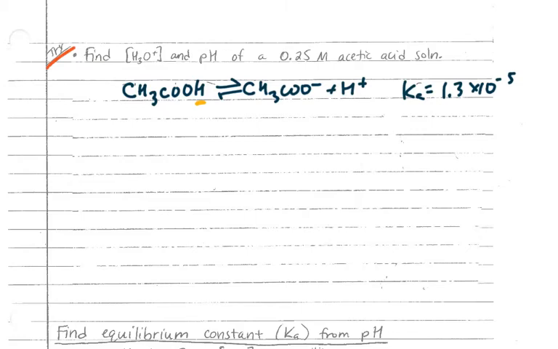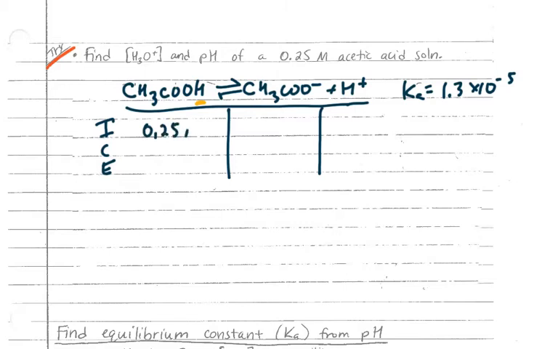And now I can do my ICE box. So we start with 0.25 molar of the acetic acid. It's going to go down by some amount. Each of these will go up by some amount. So at equilibrium, we'll have 0.25 minus X, X, and X as our concentrations. So we can plug that into our equilibrium constant expression.